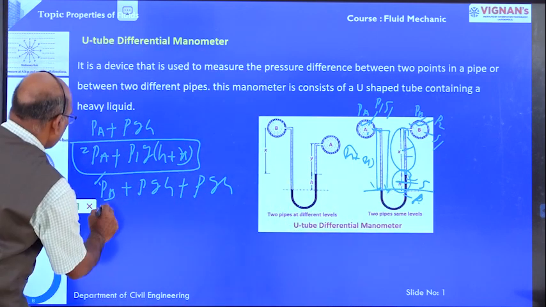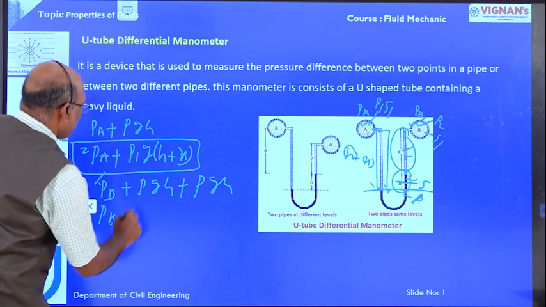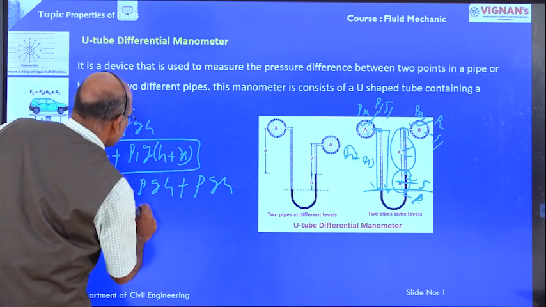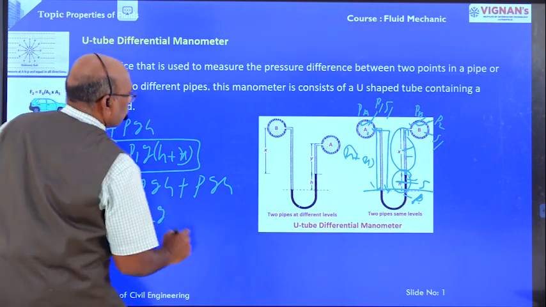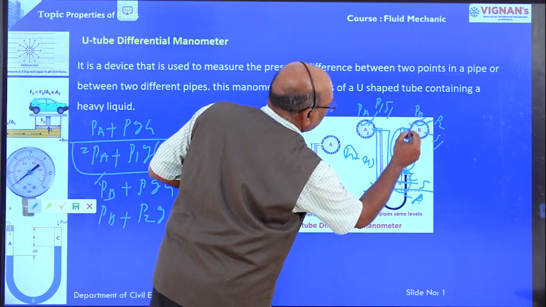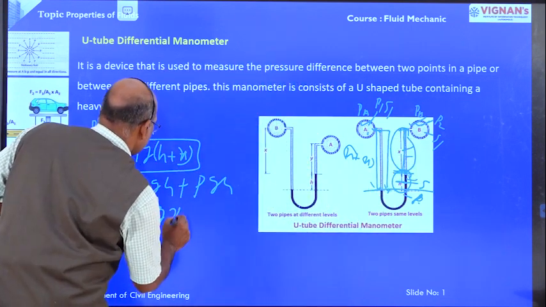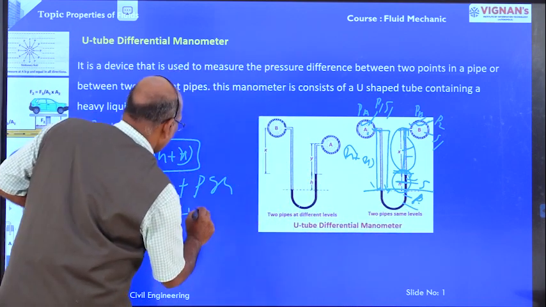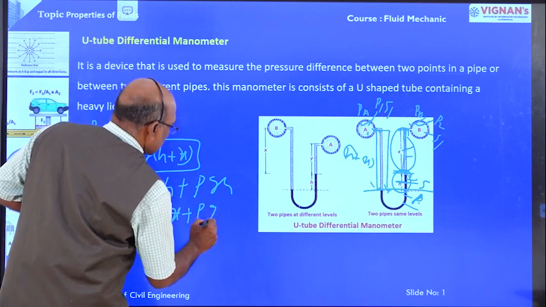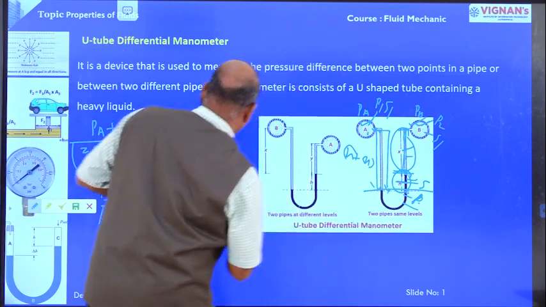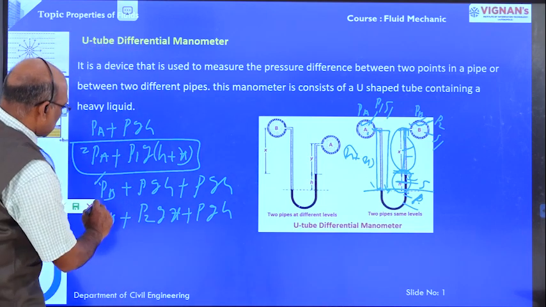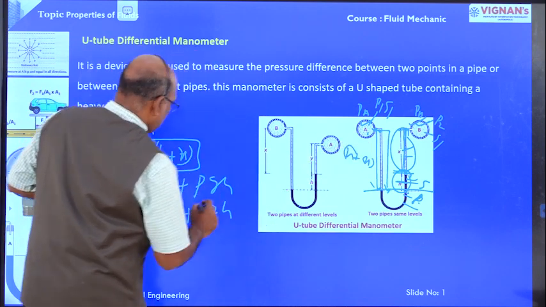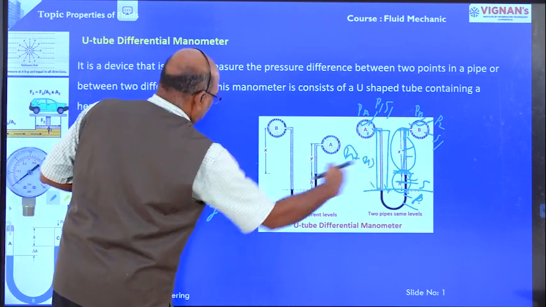Therefore PB plus rho, the density of the flowing liquid in pipe B, ρ2 G, into the liquid column depth X, plus the density of the heavy liquid, rho G H. So this is the pressure at point B, the pressure because of the liquid column X, and the pressure because of the heavy liquid column H.